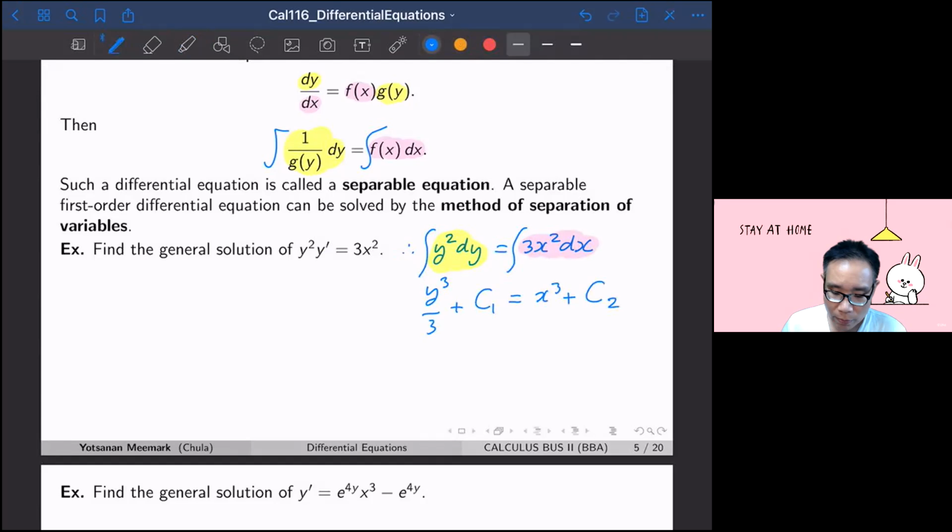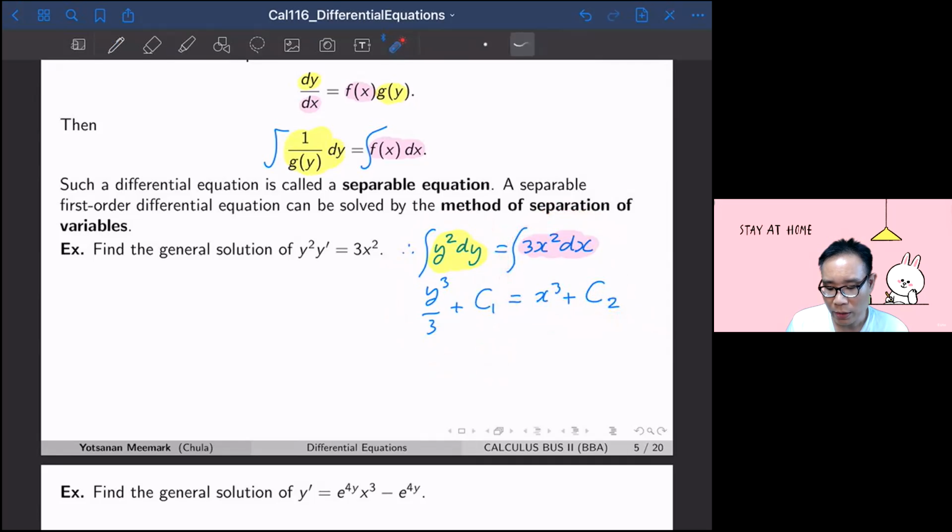Can it be plus the same C? If you are not using C1 and C2, and you have C and C like this, you're going to cancel them out, so you have nothing left. So in this case, this one is one integral, you're going to plus C1, and this one is another integral, you're going to plus C2 instead.